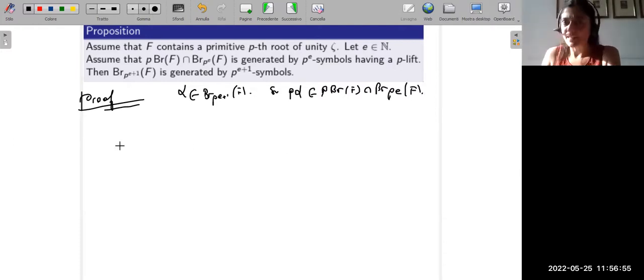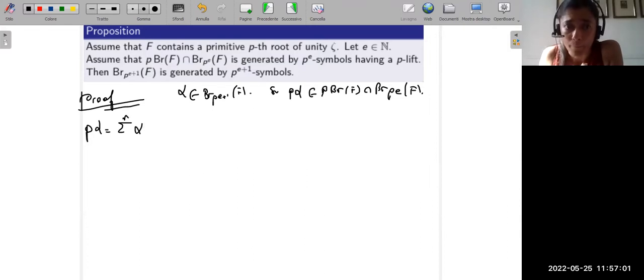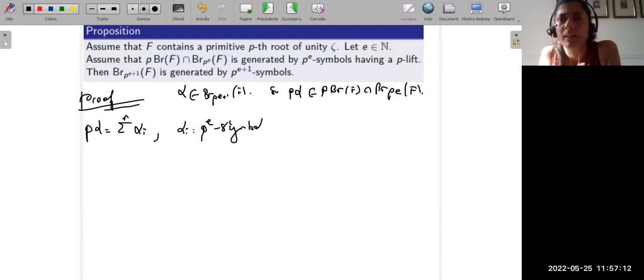So the hypothesis tells you that p times alpha is given as a sum of p to the power e symbols having a p-lift.